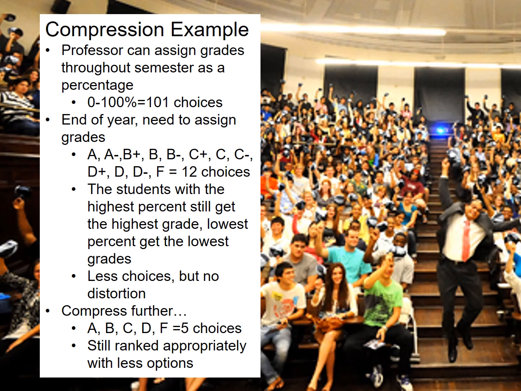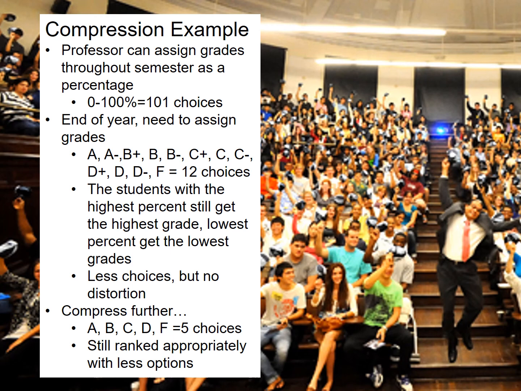When I put your grades in, the students with the highest percent still get the highest grade, and the students with the lowest percent still get the lowest grade. So I now have fewer choices than I did from that 0 to 100% scale, but I haven't distorted the way that the students are ranked.